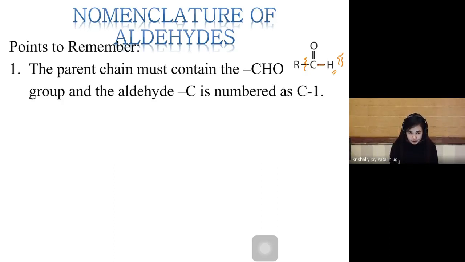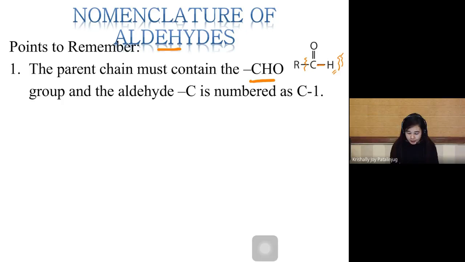Now, the first step is of course to find the parent chain. Since we're talking about aldehydes, the parent chain must contain the functional group COH, or CHO: a carbon double bonded to oxygen with a terminal hydrogen.